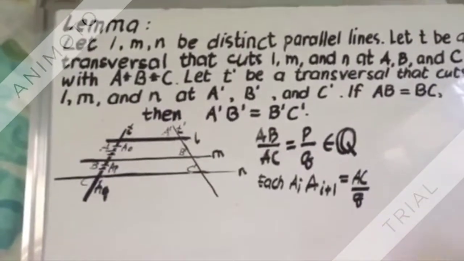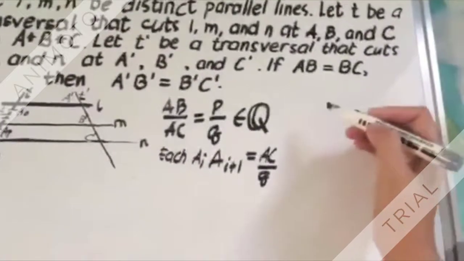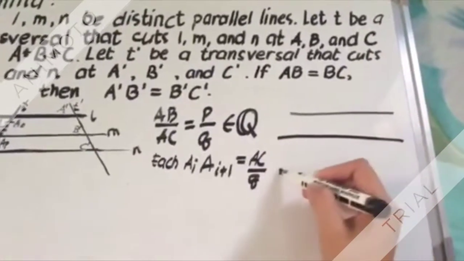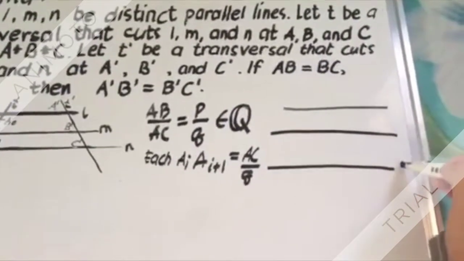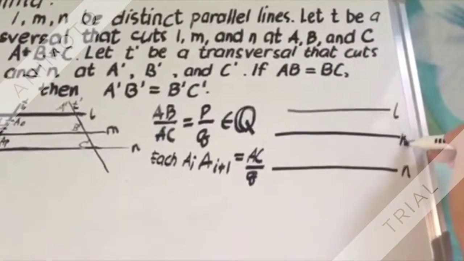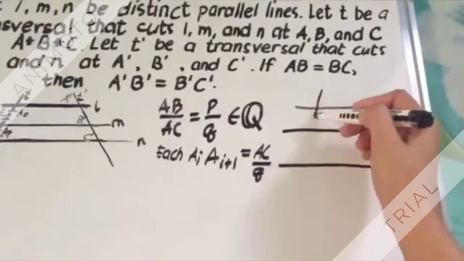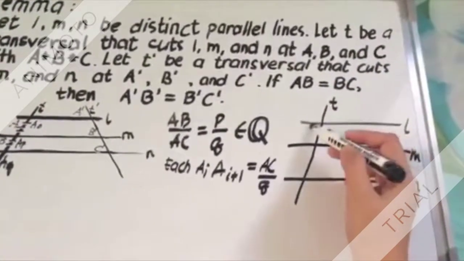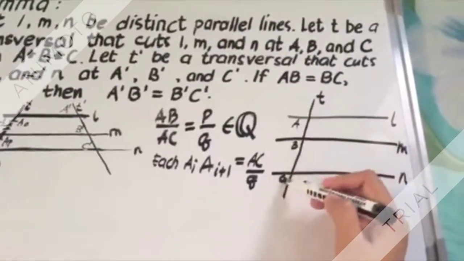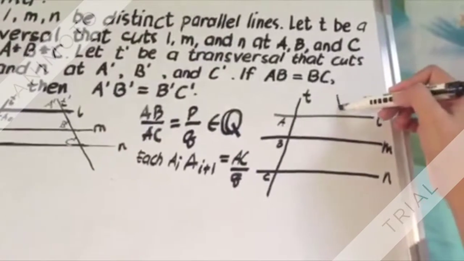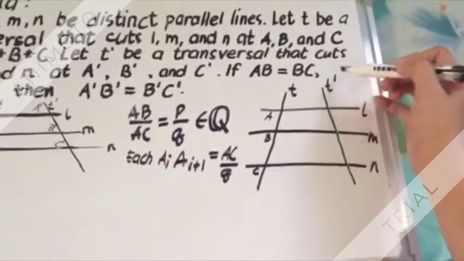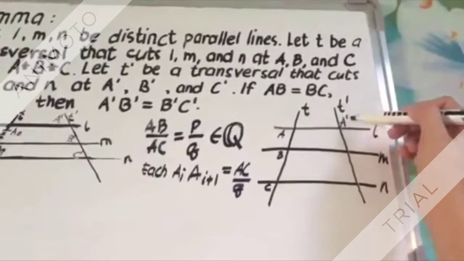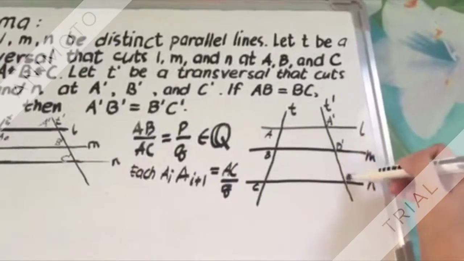We have L, and another line M, and another line N, parallel lines, cut by transversal T at A, B, and C, and cut by another transversal T prime at A prime, B prime, and C prime.